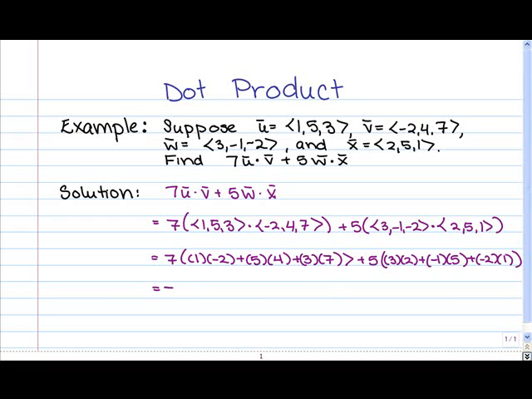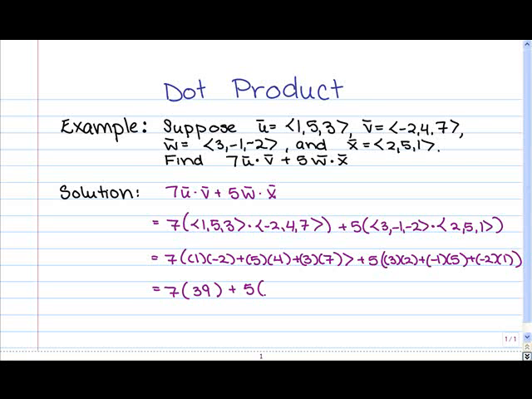So let's go ahead and simplify this a little bit. If we do 1 times -2, we get -2, 5 times 4 is 20, 3 times 7 is 21. So we're getting -2 plus 20 plus 21. So 20 and 21 is 41, minus 2 is 39.